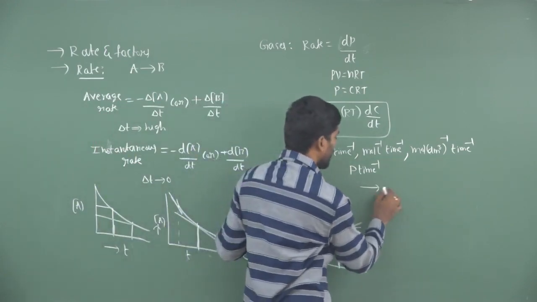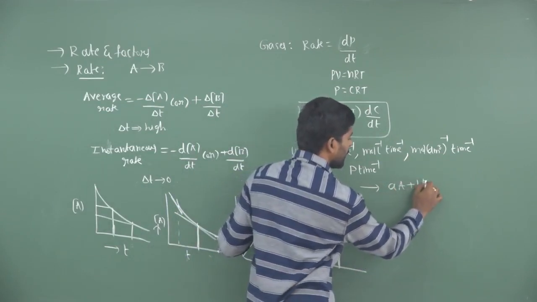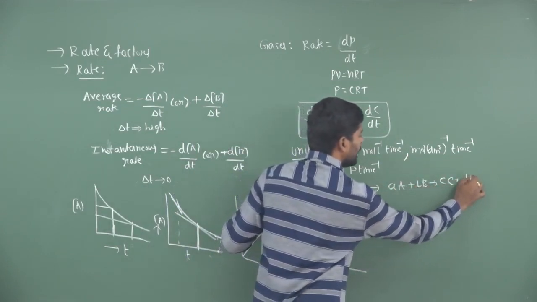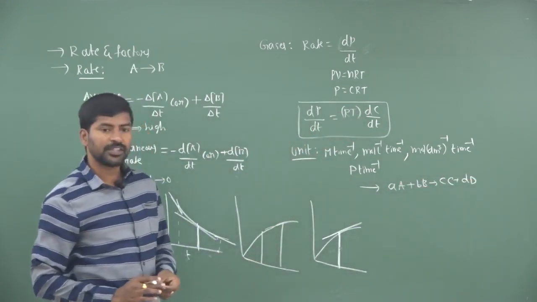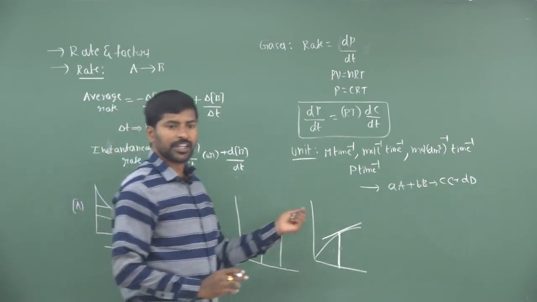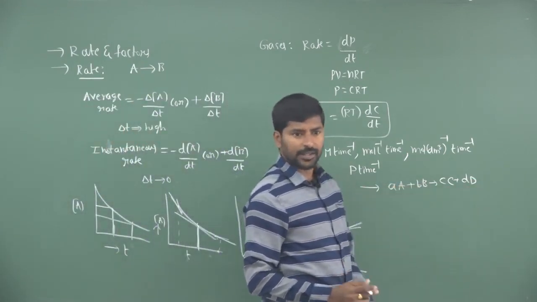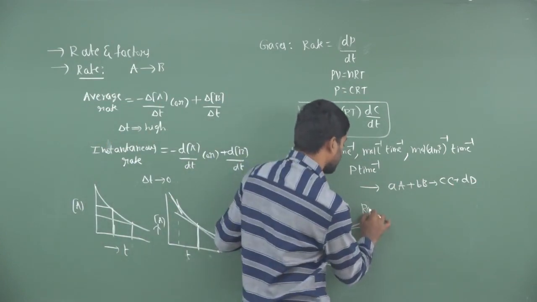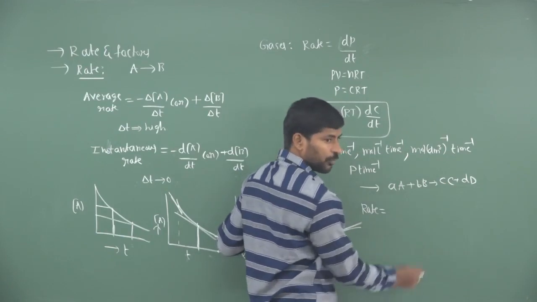If you have a reaction like this, aA plus bB gives rise to cC plus dD, for this the rate can be expressed in how many ways? Rate we can express in 4 ways, with respect to A, B, C and D. So how do we give the relation between all those 4?